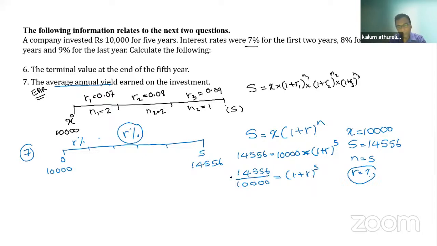Then the 5 goes to the other side, then the power becomes 1 over 5, the fifth root of this value. This value divided by 10,000 means the decimal point comes to the front: 1.4556. This equal 1 plus R.